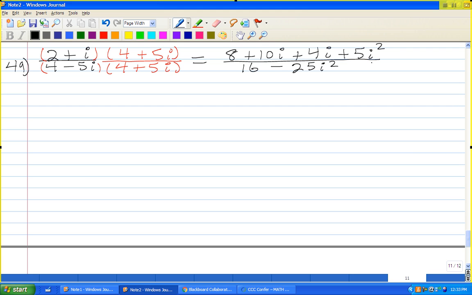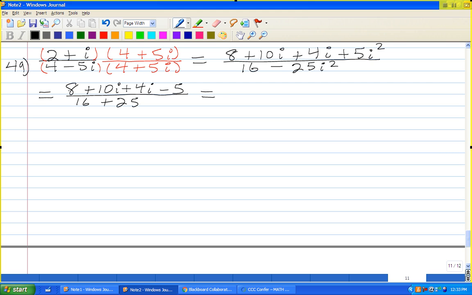I'll use the fact that i squared is negative 1, so I get 8 plus 10i plus 4i. Since i squared is negative 1, 5i squared becomes a negative 5. Since i squared is negative 1, negative 25i squared becomes a positive 25.